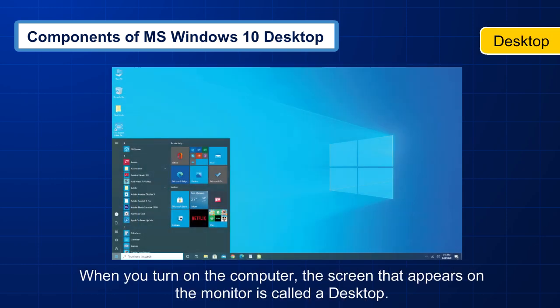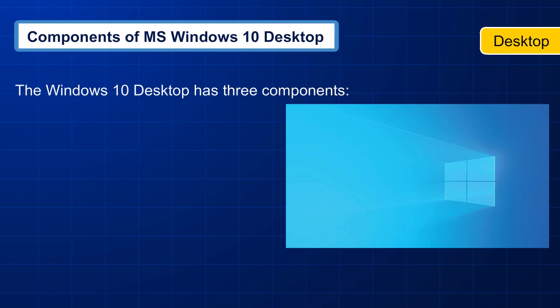Components of MS Windows 10 desktop. Desktop: when you turn on the computer, the screen that appears on the monitor is called a desktop. Icons, wallpaper, start button, taskbar. The Windows 10 desktop has three components: 1.